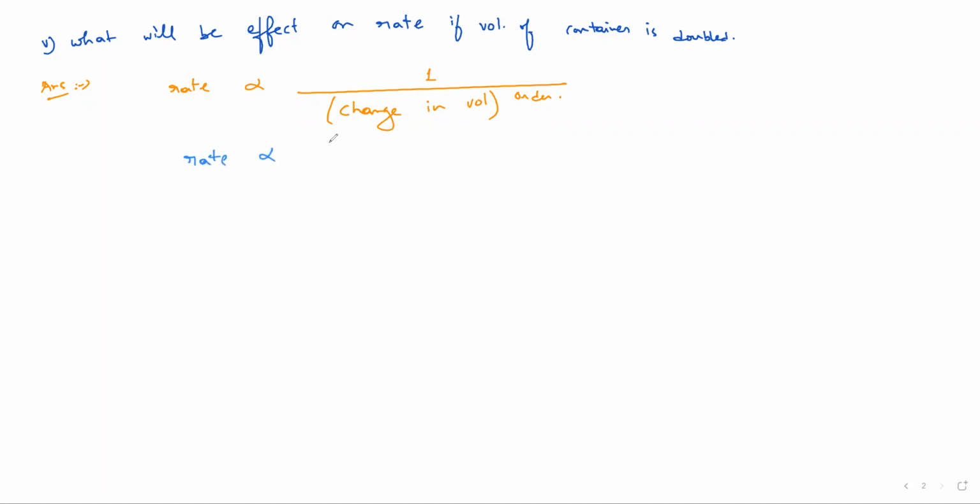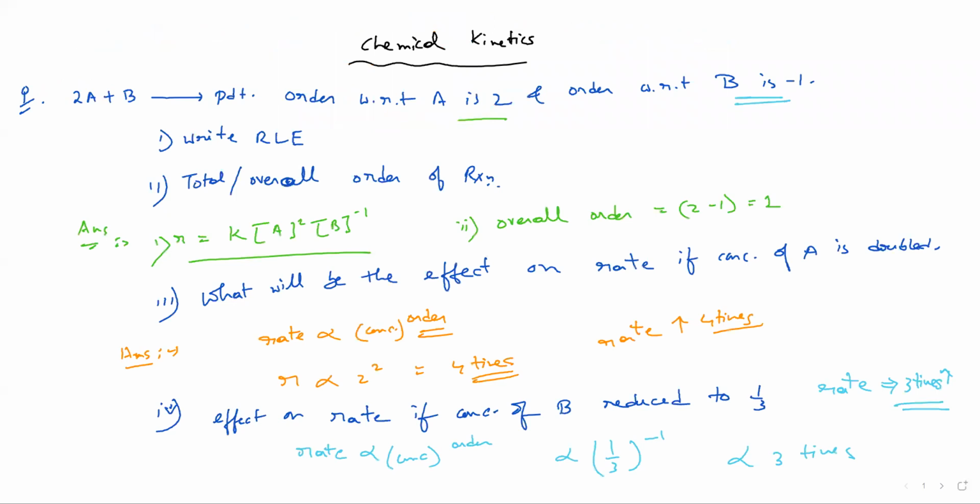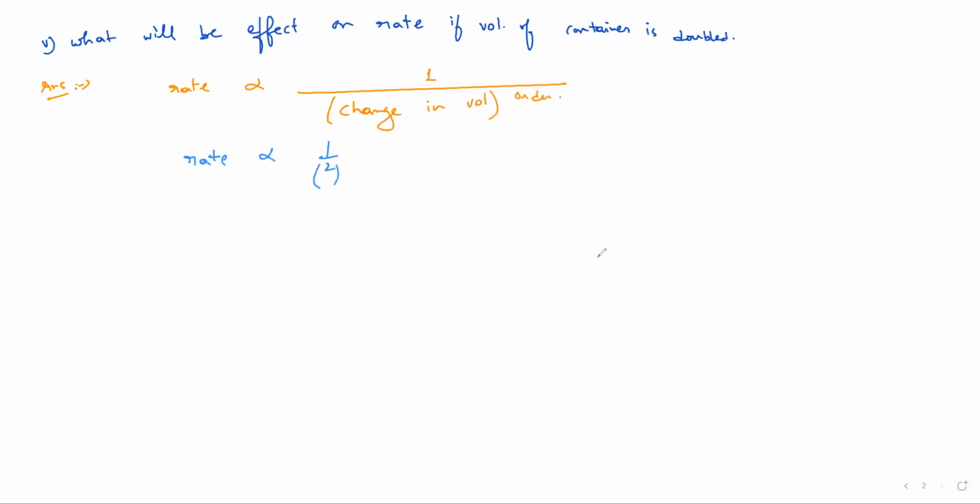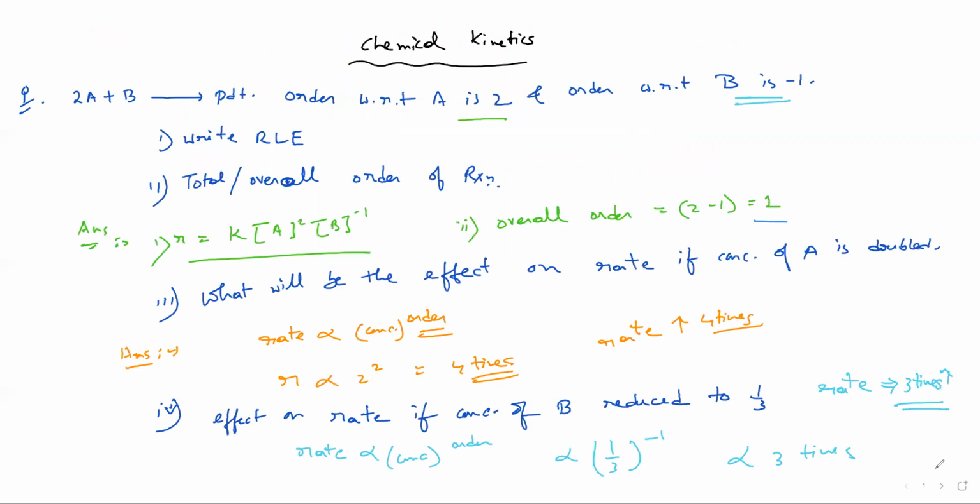Volume doubles, so concentration changes by 1/2. What should be the overall order? Overall order is 1, so (1/2) to the power 1. So rate becomes half. Okay. Any doubt regarding this question? Tell me. Do you have any doubt? This one is clear.